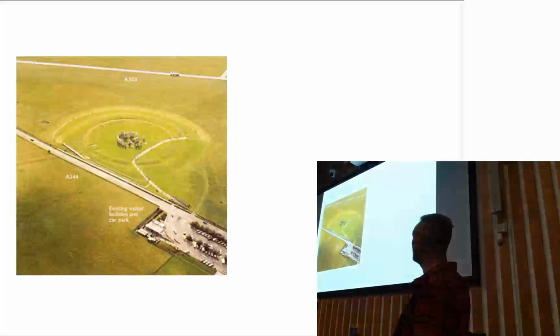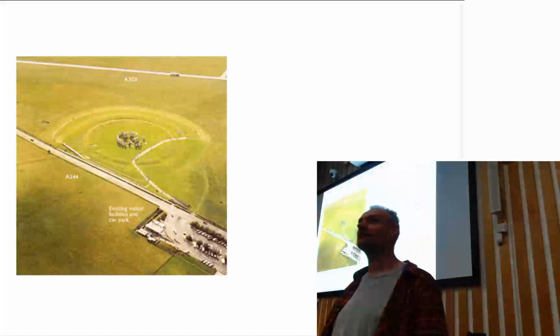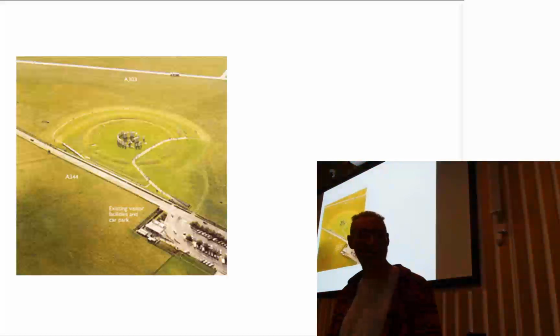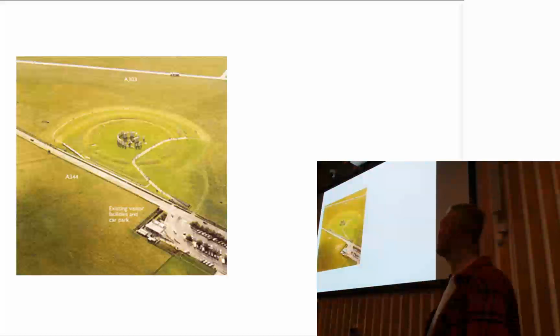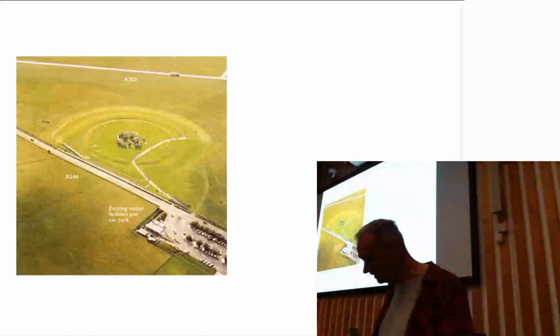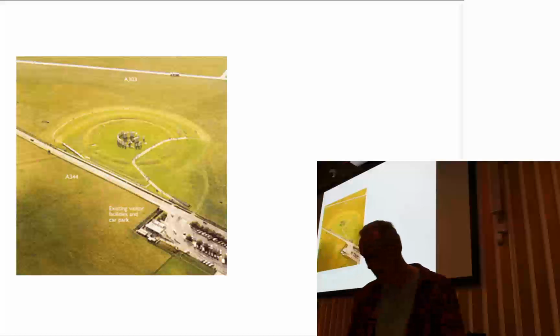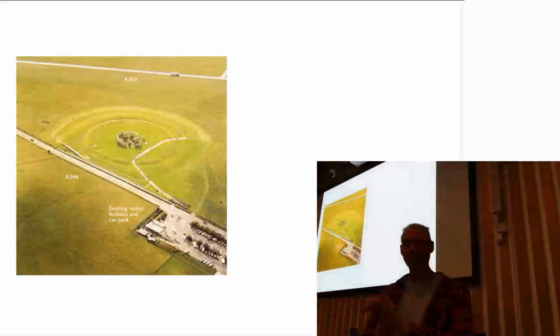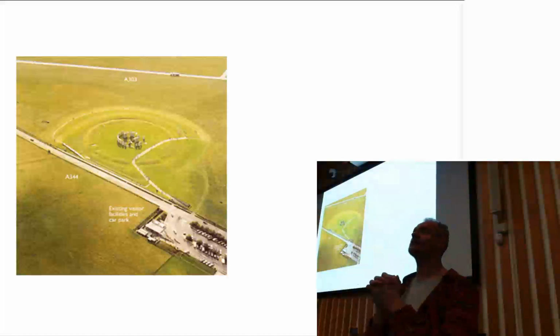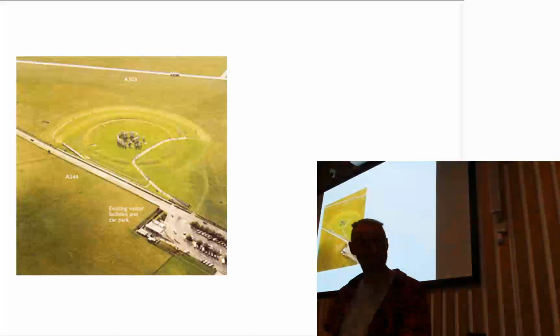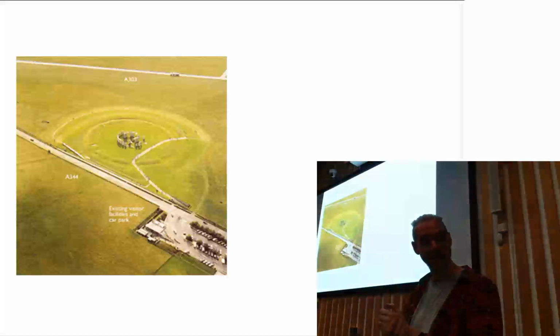The issue is that there's a road nearby, actually there's 2 roads nearby, as you can see on the map. There's a road here, the A303, and there's a road here, the A344. And some people think that it's lovely that those roads are there, because they actually lead you to Somerset and beyond.